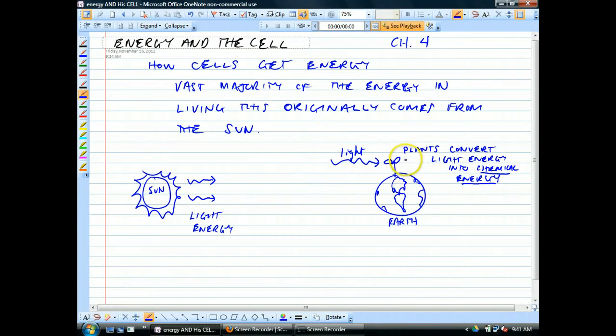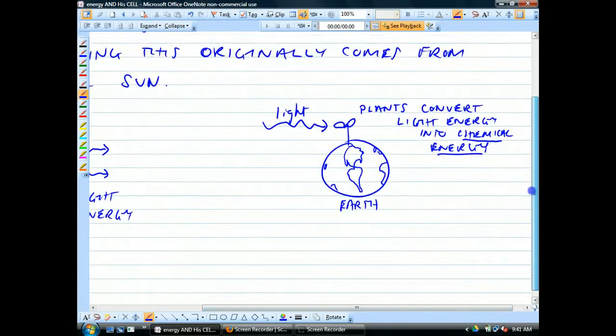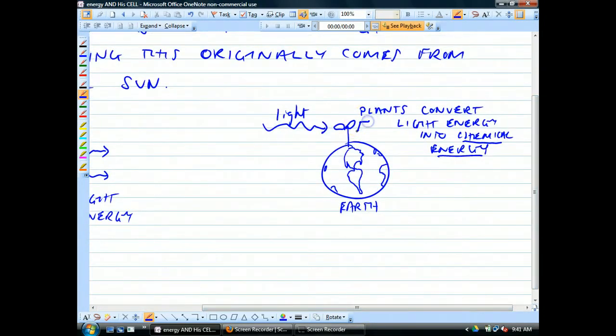Now I need to have a, I'm sorry this is so small, let me zoom in here. I'm sorry you guys can't do that, but here's a cow. This is a cow.